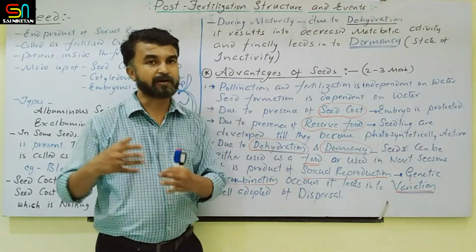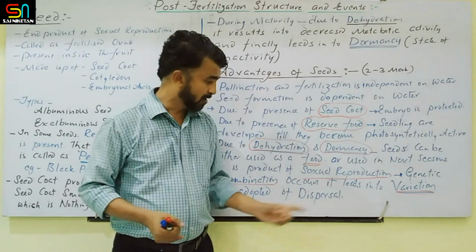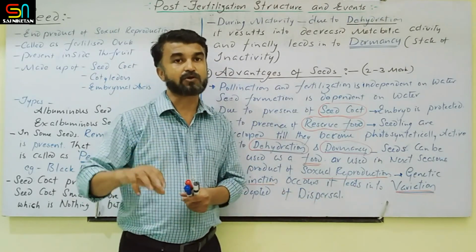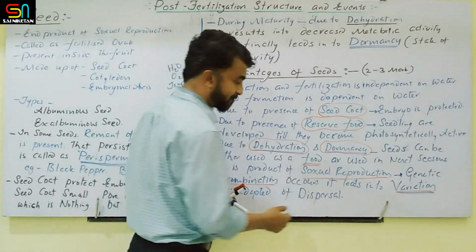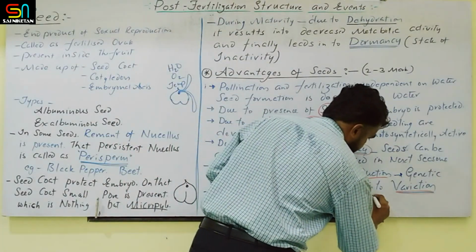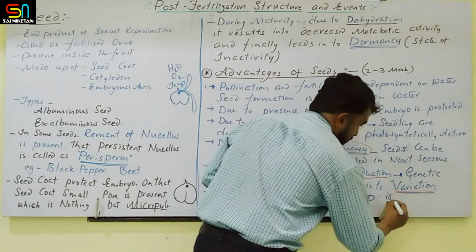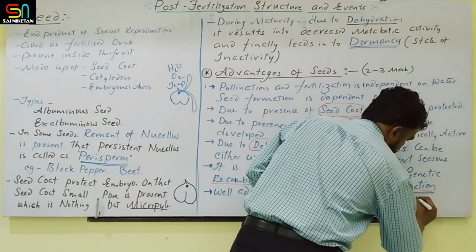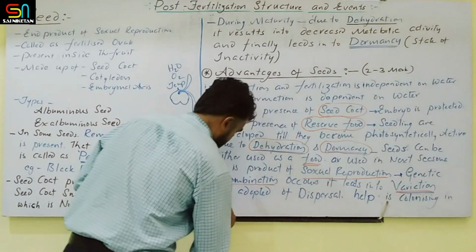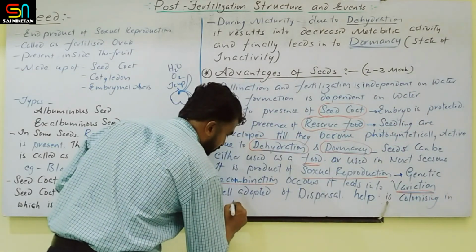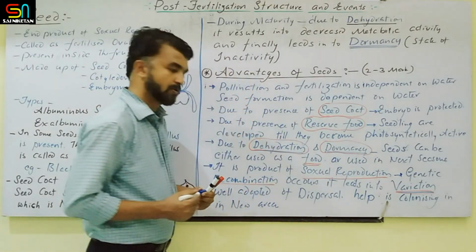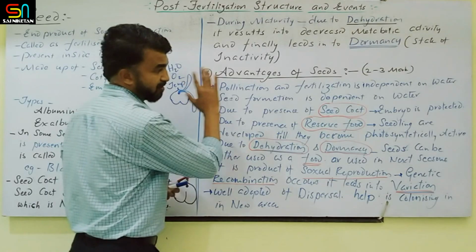So they spread from one area to another area. Due to that, it helps the species in colonization. So it is dispersed in the new area, helps in colonizing in new area. So these are the main points.